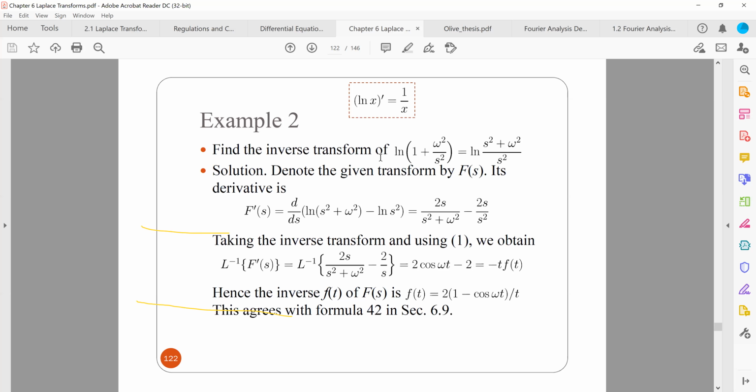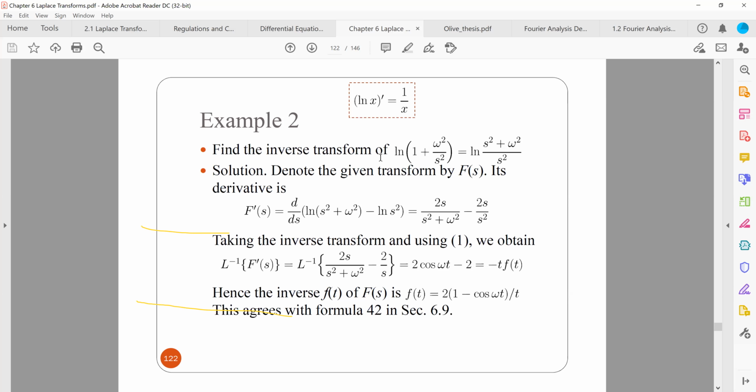If you differentiate ln of that function, you'll have the function capital G of s, the Laplace transform of s, if you want to denote it as G of s.